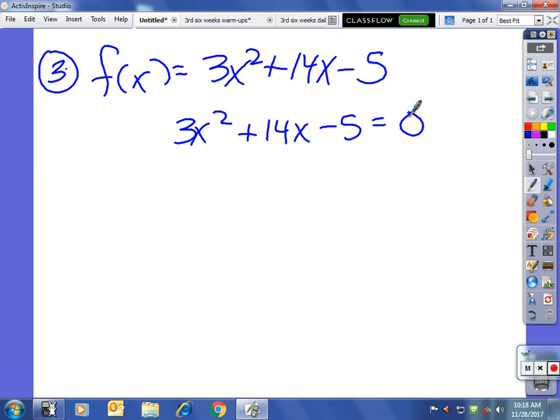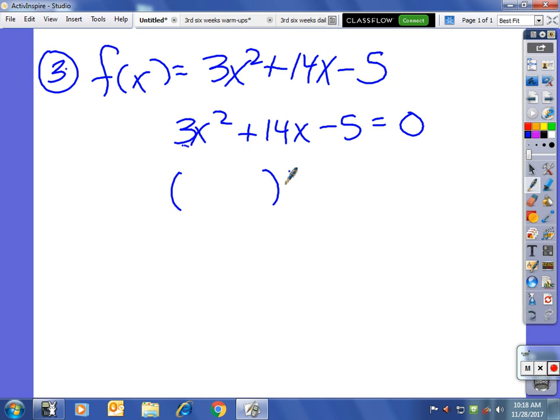A hint that you're going to have a fraction answer, guys: if you look in front of x squared and there's a number there that's not a nice invisible 1, that means you'll probably have at least one fraction answer. Did you get a fraction answer here? Because you're going to have to divide by this 3 eventually.